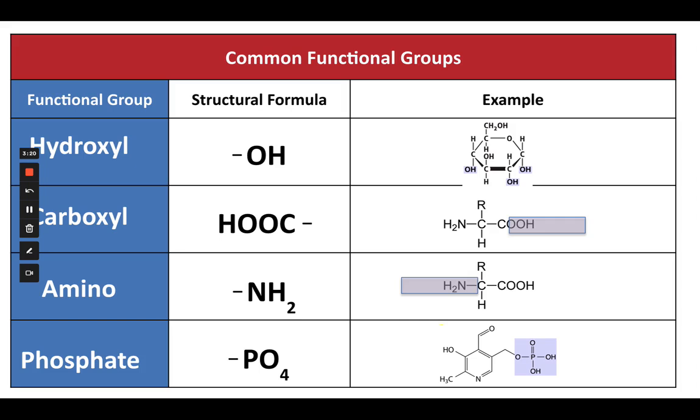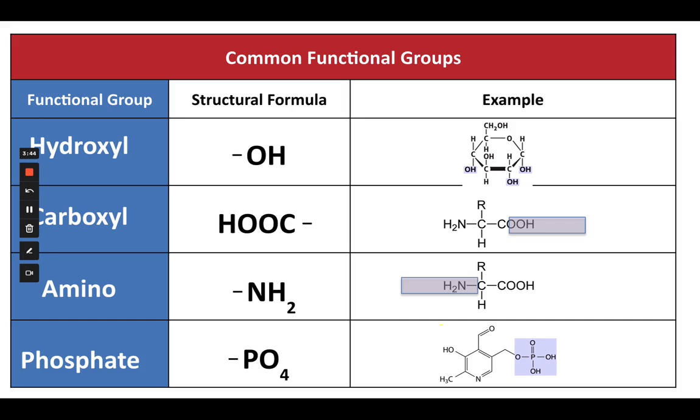So first we have a hydroxyl functional group, which is the OH, and you can see the example there is glucose with the different hydroxyls on it. We also have carboxyl groups, and so that's the hydrogen, oxygen, oxygen, carbon, and if you look, there's an amino acid with a carboxyl on it.